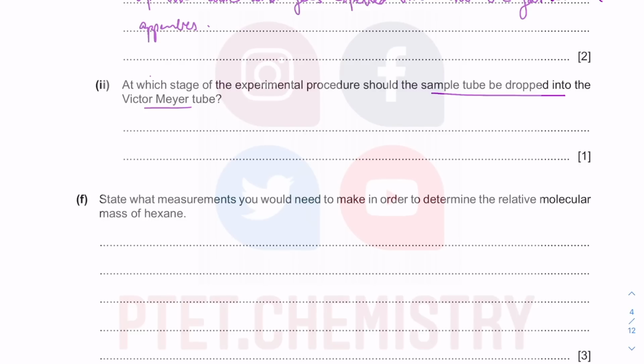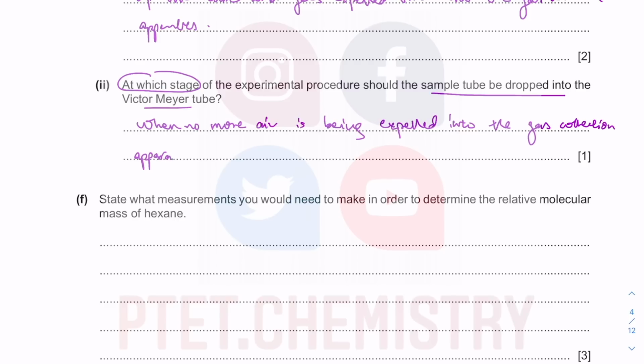All right. So at which stage? So when no more air is being expelled into the gas collection apparatus, and you can tell this as indicated by normal bubbling, because it's quite hard to read on the graduated gas syringe or graduated measuring cylinder or burette, but you should be able to tell by just looking at normal bubbles of gas as you collect it over water.